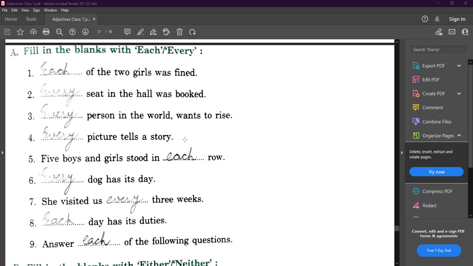So every seat in the hall was booked. Every person in the world wants to rise. Every picture tells a story. Five boys and girls stood in each row. Every dog has its day. She visited us every 3 weeks. Each day has its duties.